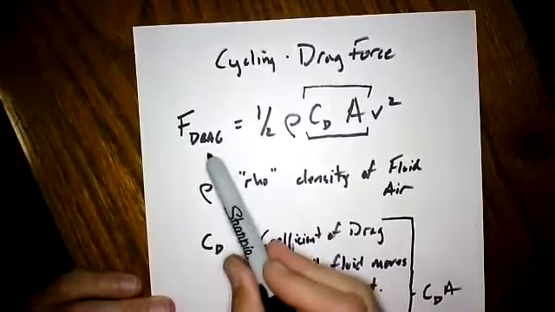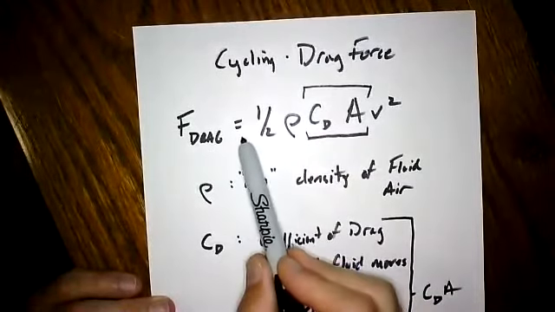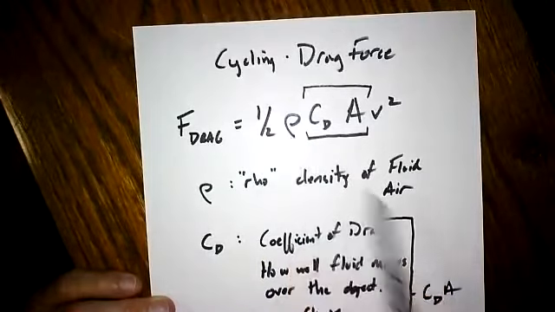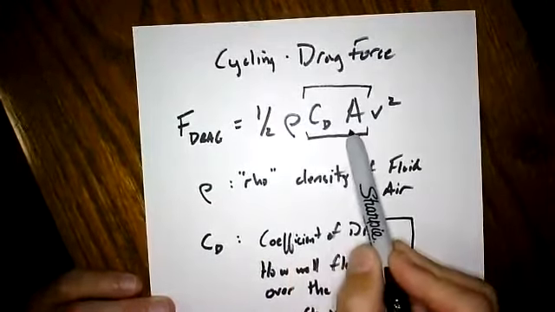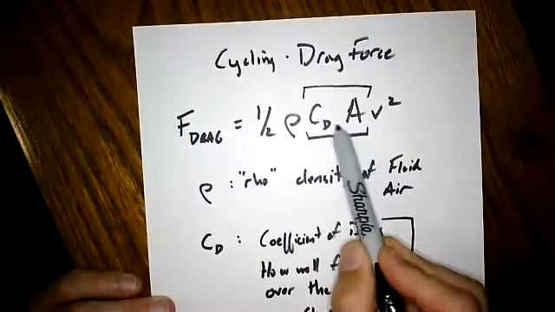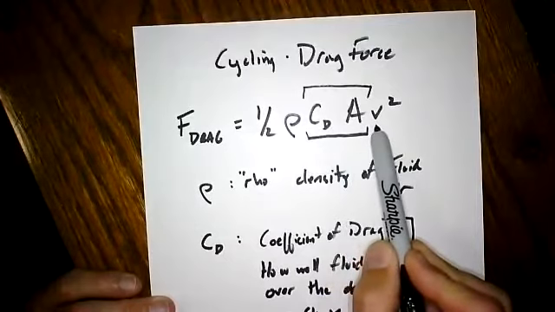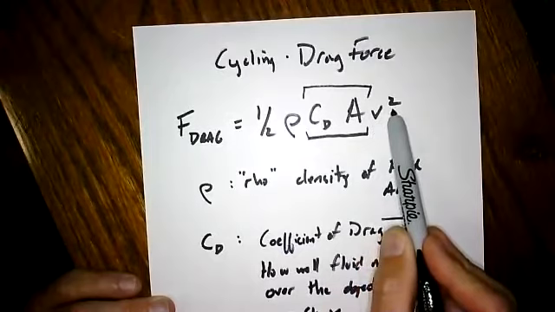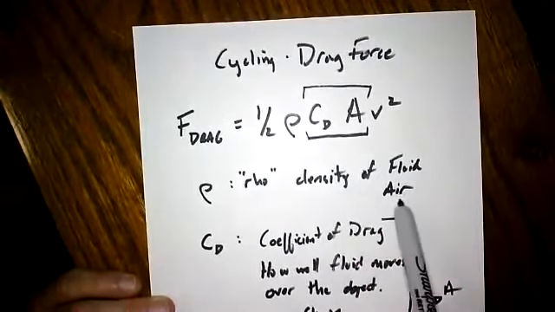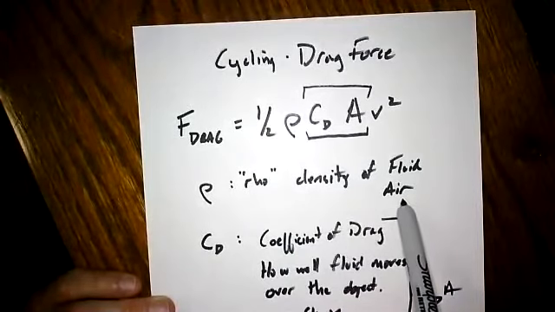Okay, so drag force is a function of 1/2 the density of the fluid, in this case density of the air, CDA, the shape and surface characteristics of the object, and then how fast the fluid is moving over the object squared. Now density of the fluid is influenced by things like humidity or altitude.